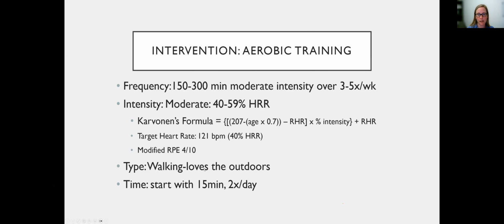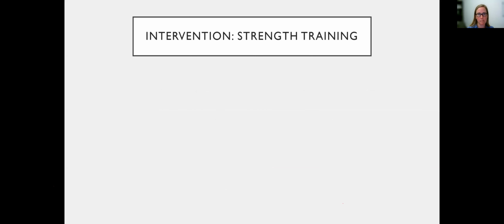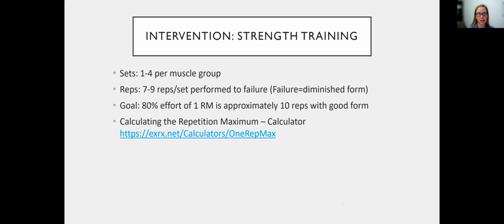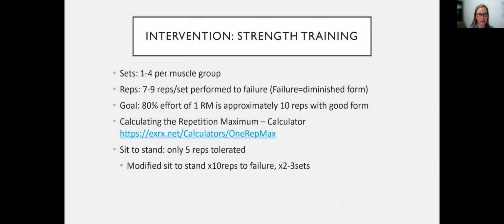But what matters to him is, he loves the outdoors. So we really want to encourage that. And depending on where he lives, try to help him engage in those activities so it's more meaningful to him. And then strengthening, I'm going to run through this a little bit quick here.